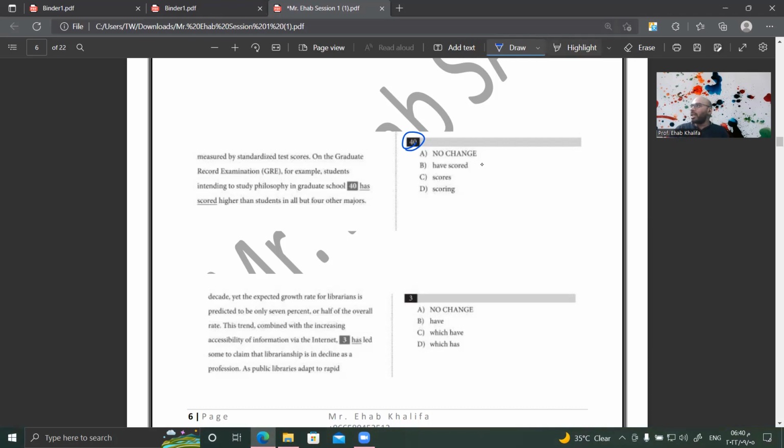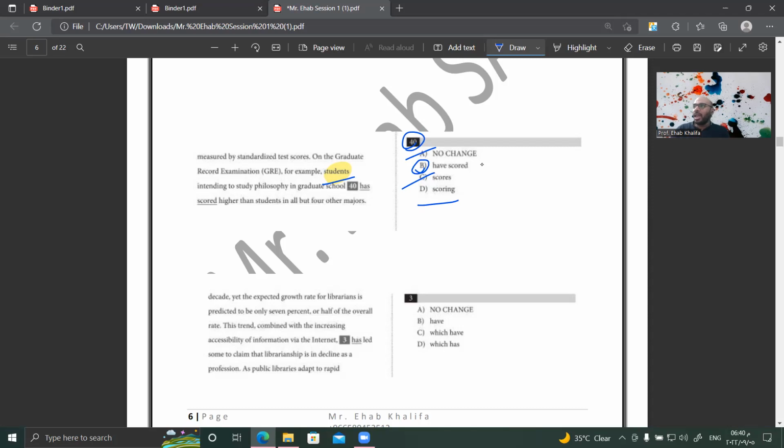So you've got to decide what the subject is. Students, plural. Choices A and C are wrong, because both are singular and my subject is plural. I'm between B and D. B is plural, correct? And D creates a fragment.